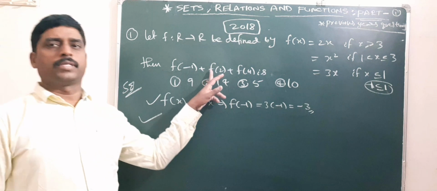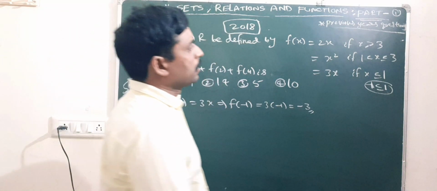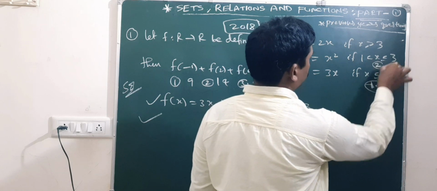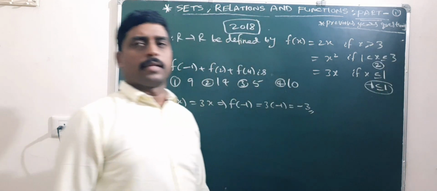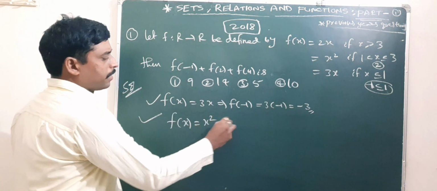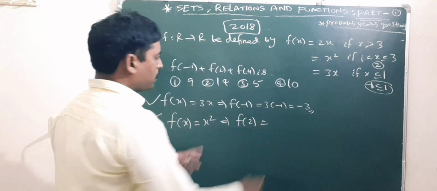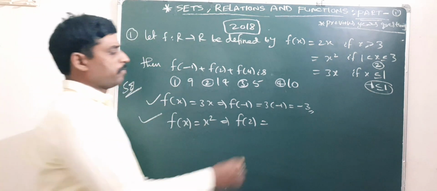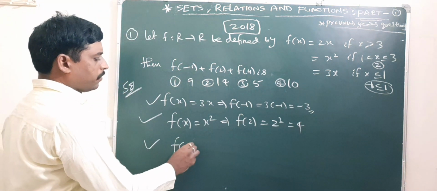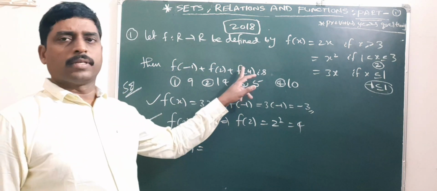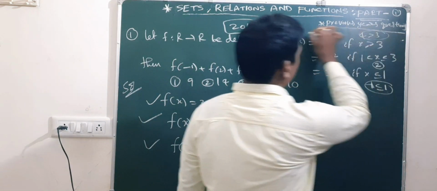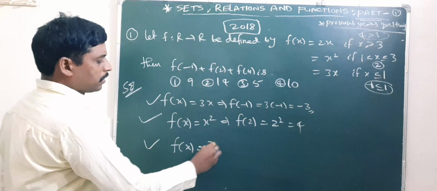Next, f of 2. Which condition does 2 satisfy? 2 satisfies the second condition, x lies between 1 and 3. So the second condition, f of x is x square. Therefore f of 2 is equal to 4. Next, f of 4. Which condition does 4 satisfy? First condition, 4 greater than 3, true, where f of x is equal to 2x.